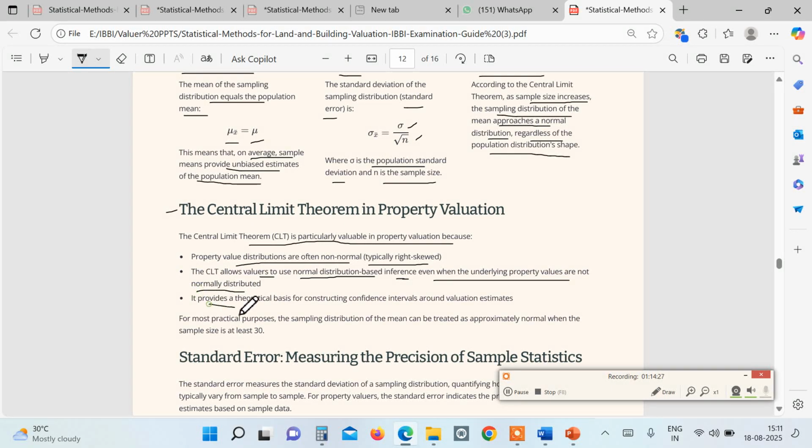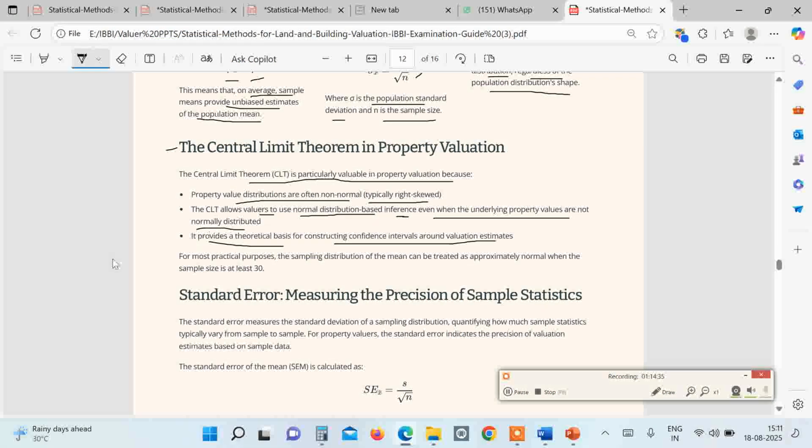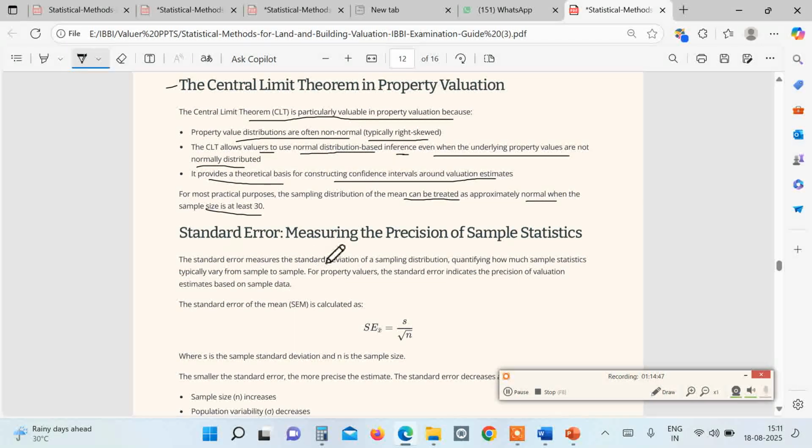It provides a theoretical basis for constructing confidence intervals around the valuation estimates. For most practical purposes, the sampling distribution of the mean can be treated as approximately normal when the sample size is at least 30. Next is standard error, means measuring the precision of sample statistics.